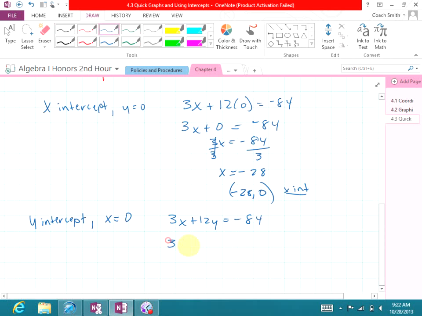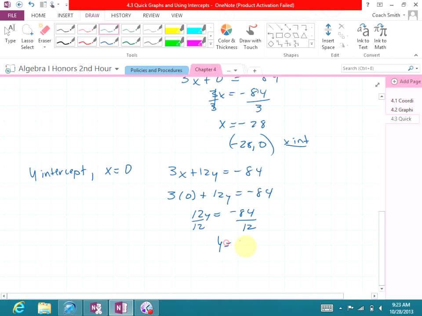So that gives me 3 times 0 plus 12y equal negative 84. So that's 12y equal negative 84, which means I divide by 12, and y is equal to negative 7. And so my y-intercept then is 0 and negative 7.